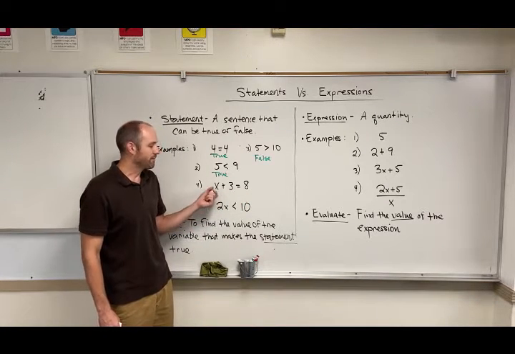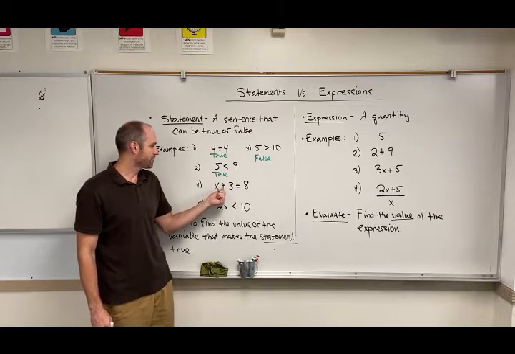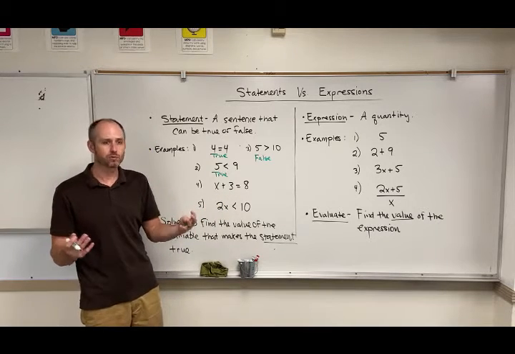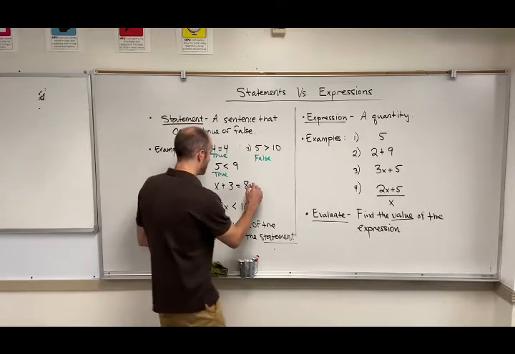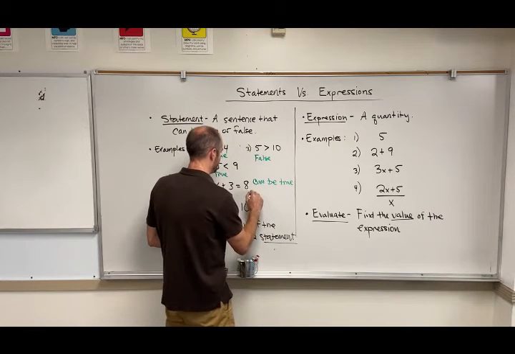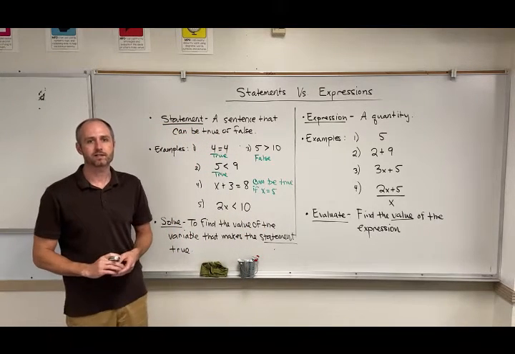But if you choose the value of 5 for x, then the sentence becomes 5 plus 3 is 8, and then the sentence becomes true. So it can be true if x equals 5.